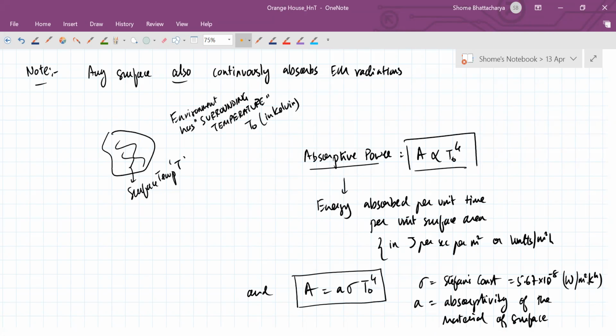So we will also understand in some time that if the temperature of the surface, capital T, is greater than the temperature of the surrounding, T naught, then the rate of emission will be greater than the rate of absorption. And vice versa. If the temperature of the surrounding is more, then the rate of absorption will exceed the rate of emission.